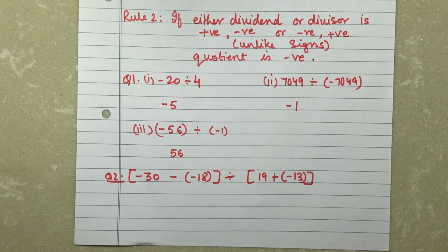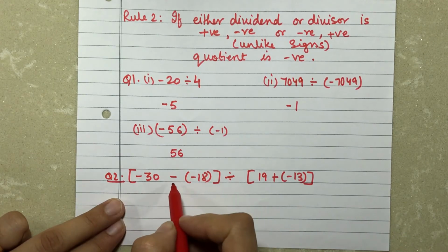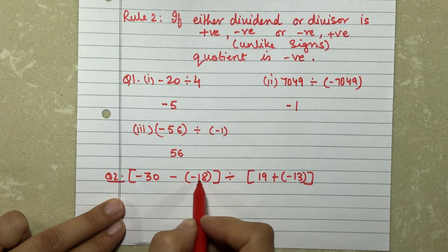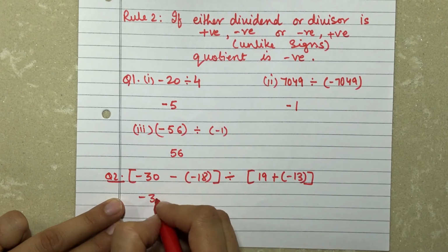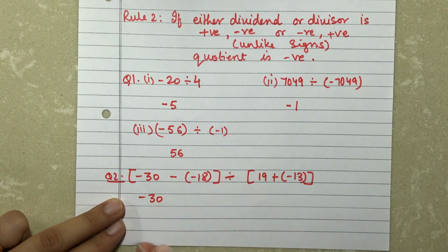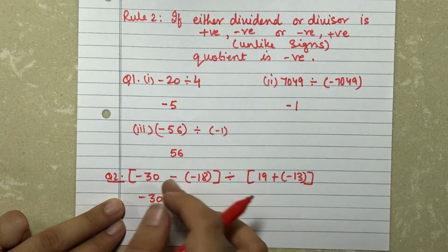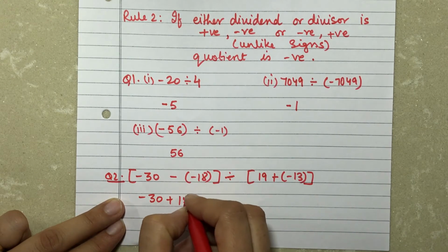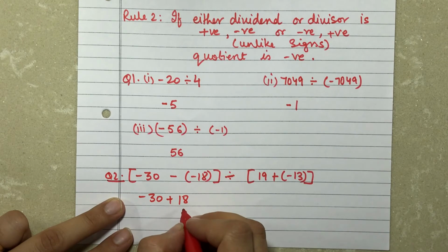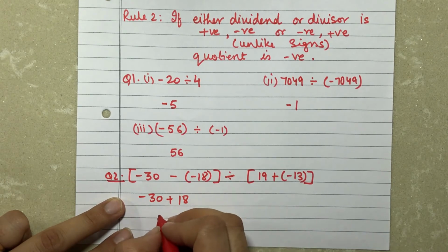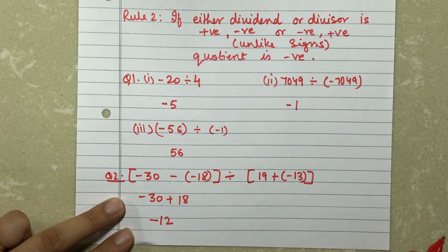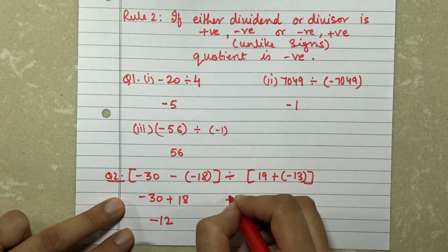Okay, so here we have minus 30 minus 18. So now I'm going to simply solve minus and minus. I know that whenever there is a sign like this, I simply change the sign. This becomes plus 18. So minus 30 plus 18 gives me answer as 12 and sign as negative. Okay. Now let's look here.